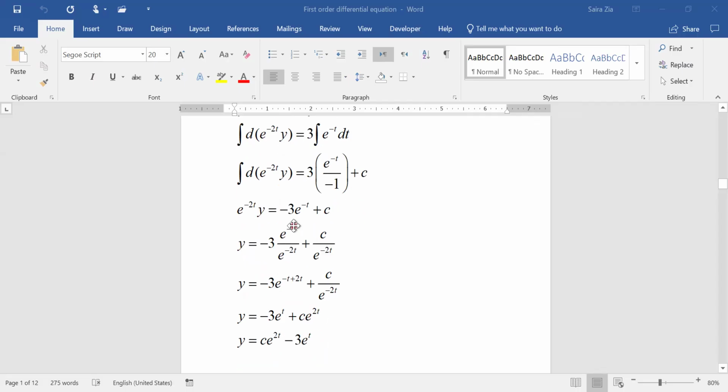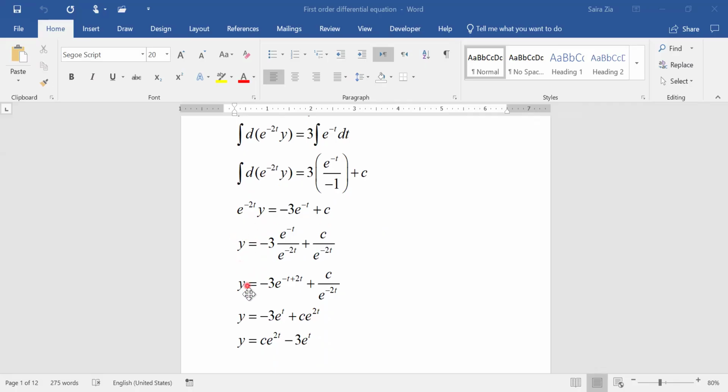After that, we have to find the solution y equals whatever the terms are on the right hand side. So we divide each term by e^(-2t), and the constant c also, so that we can get the solution.